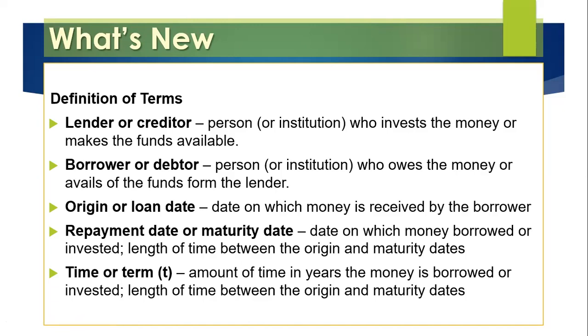The time or term is the amount of time in years the money is borrowed or invested, the length of time between the origin and maturity dates. So pwedeng after 3 years, no? Tsaka siya magbabayad.